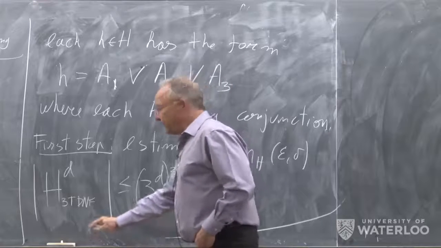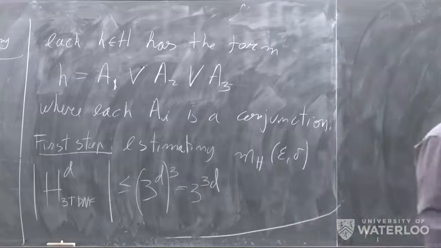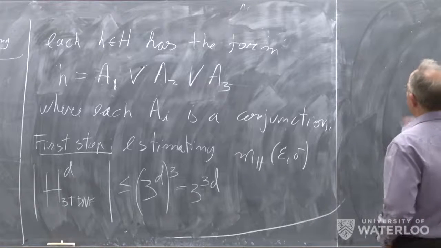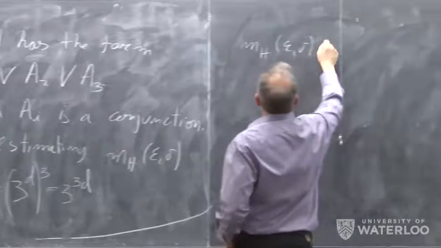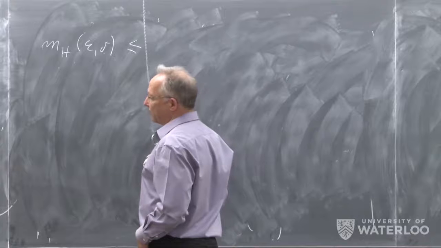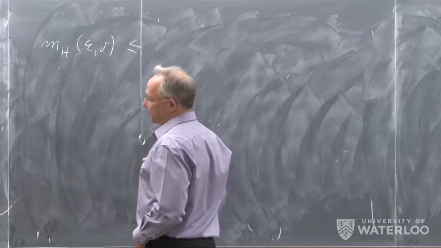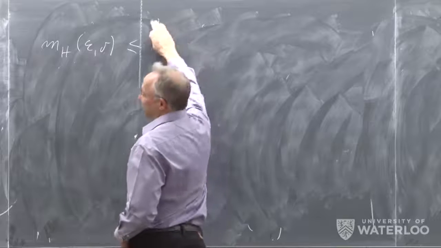So we know that in terms of sample complexity, we are still polynomial in our parameters. So m_H of epsilon, delta is going to be at most this. Are we polynomial in our parameters? Yes.